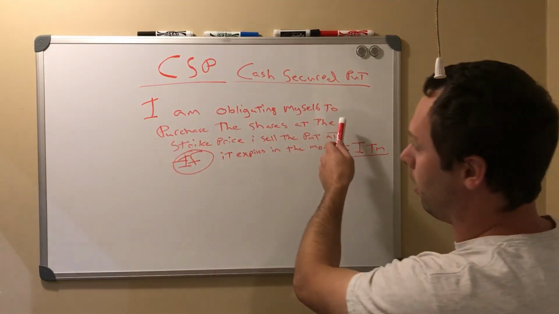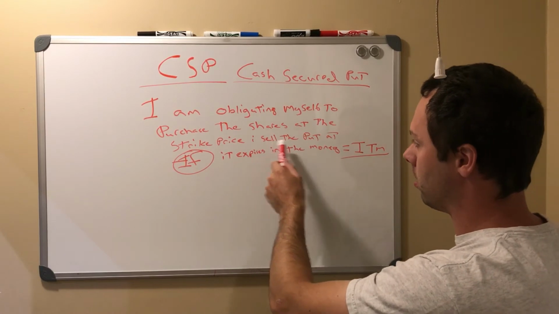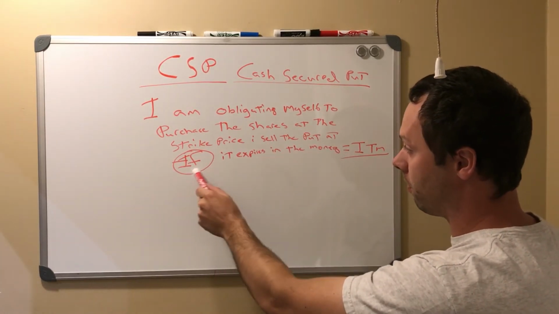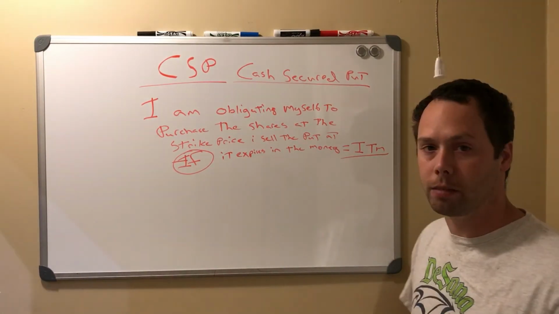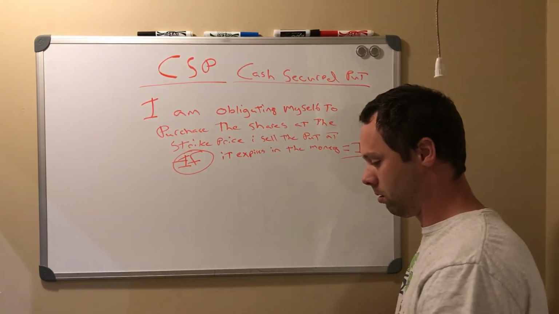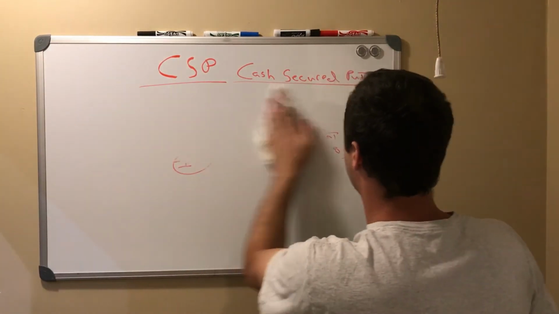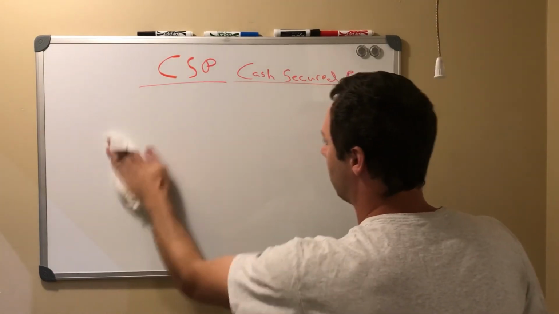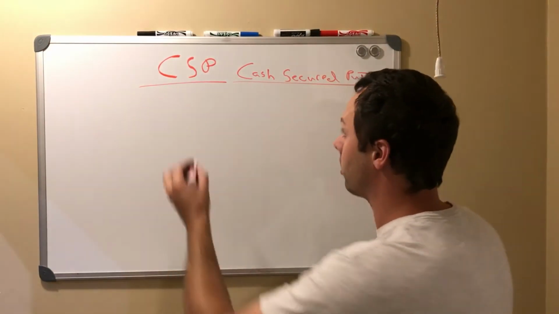So I'm obligating myself to purchase the shares at the strike price I sell the put at if it expires in the money, ITM. So we're just gonna quickly draw this out, and this is why selling puts is a bullish action.